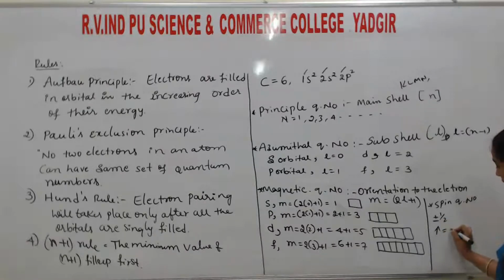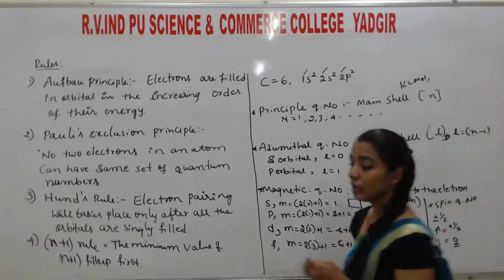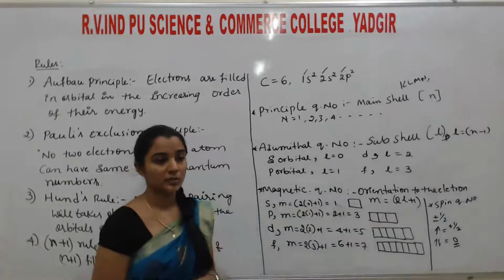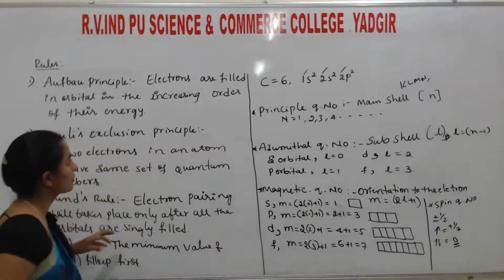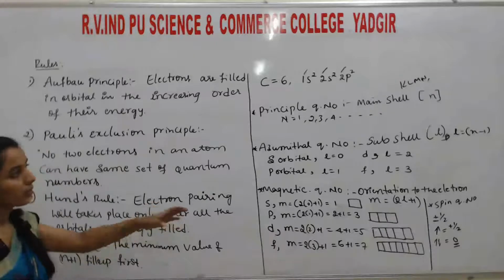If they are in parallel direction, that is plus or minus. If they are opposite, then the total is 0, because the plus and minus get cancelled. Okay, students. So the spin quantum number shows the spin of the electron and the direction in which it is moving.